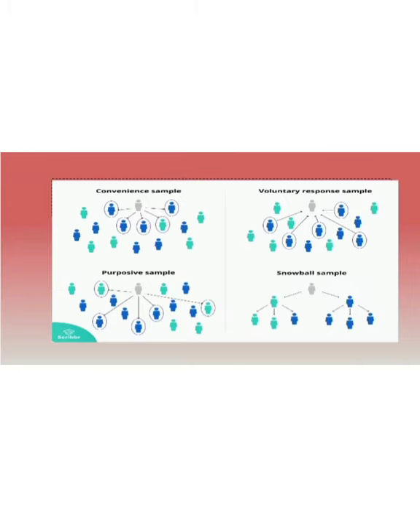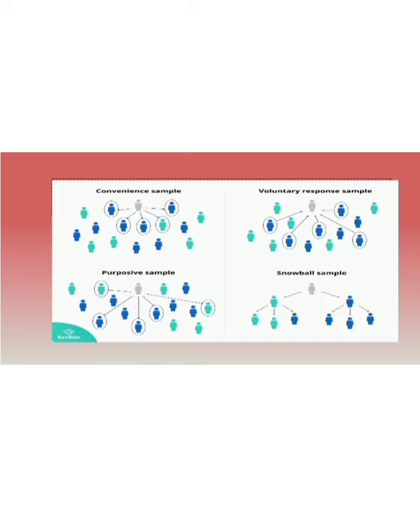In this type of sampling, members of the population do not have an equal chance of being selected. Simply, that is the meaning, a very simple definition of non-probable sampling.